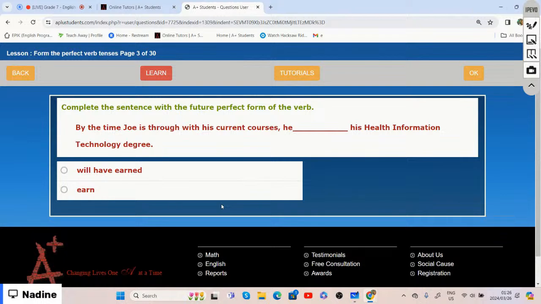Which one is the correct one? That shows the future perfect form of the verb.